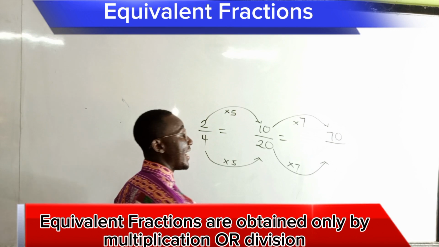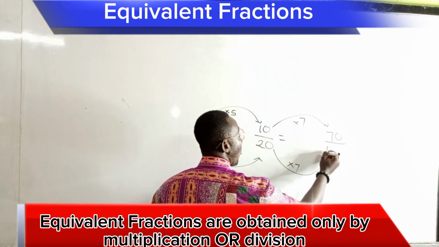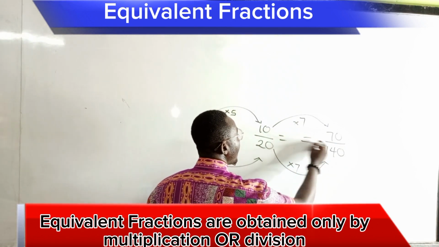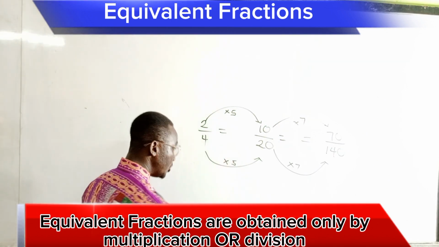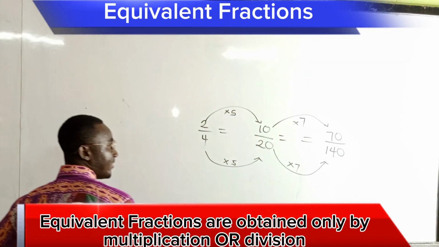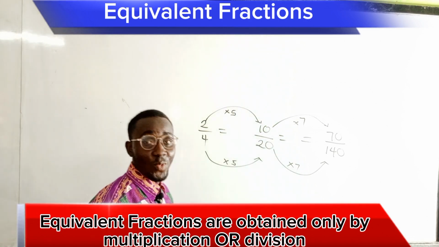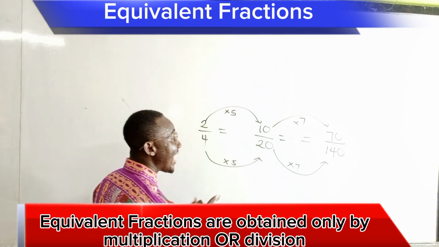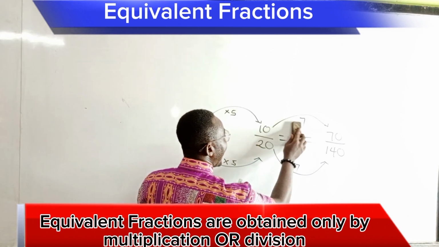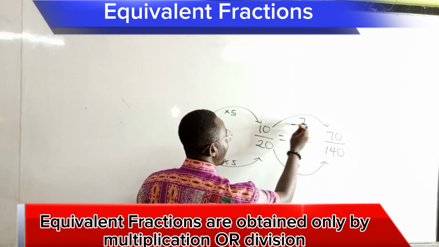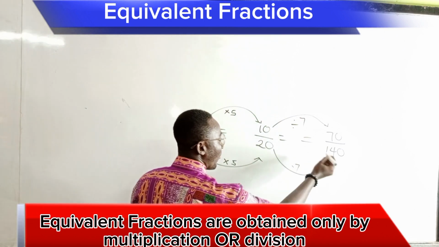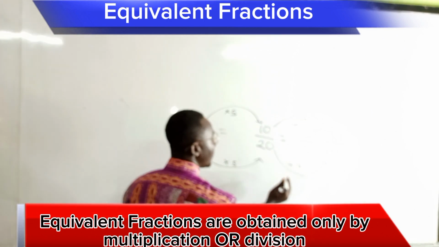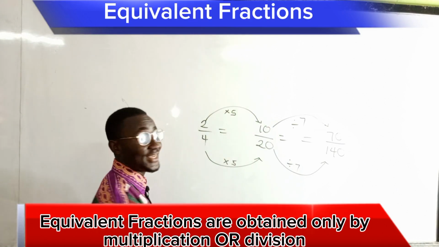And then 7 by 20, we are going to get 140. So you realize that if you divide this by 7, you are going to get 10. And if you divide 140 also by 7, you are going to get 20.